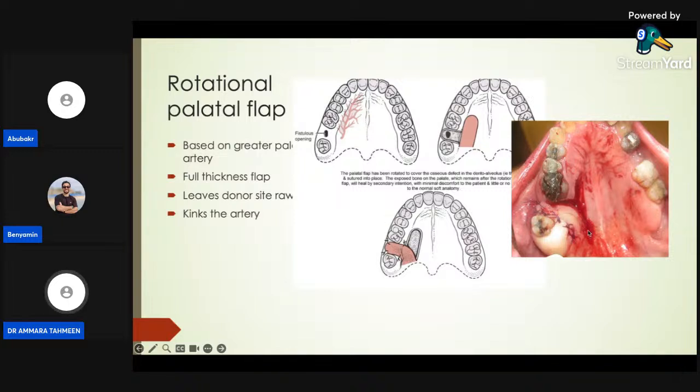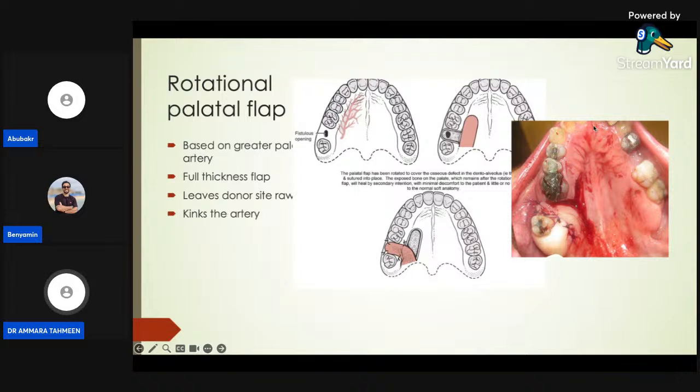In healthy young patients, it usually heals without any issues, but some clinicians prefer to close it with some stent or something, which prevents the exposure of the raw site to oral contaminants. So in some cases, if it is an anteriorly based flap, it is preferred without a stent. Here is one more procedure, that is the anteriorly based flap.